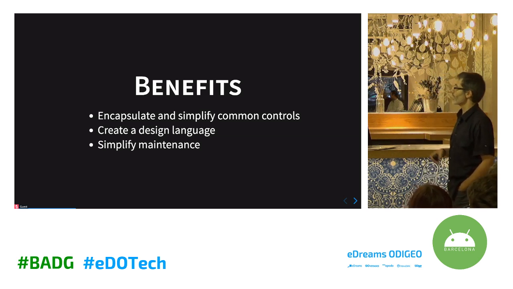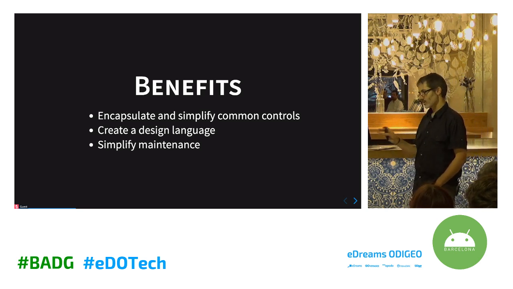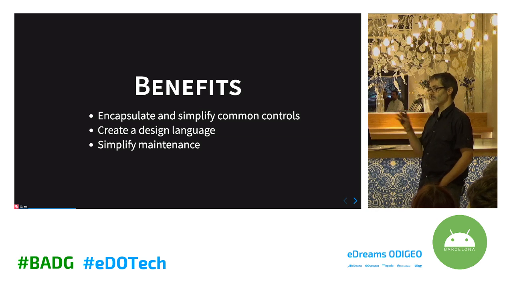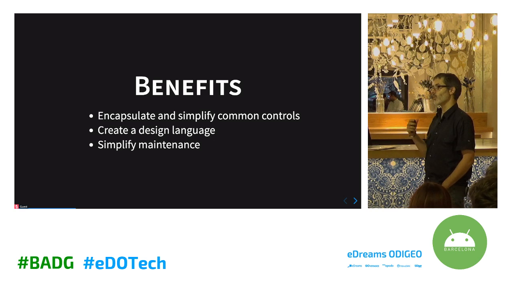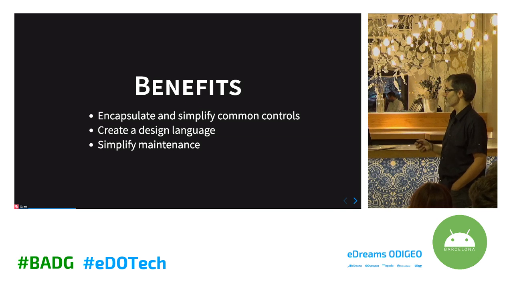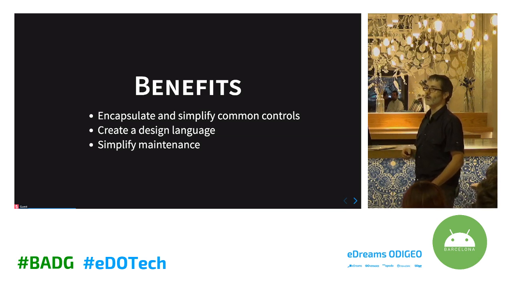Basically, we can use it to move certain logic which is only related to the control outside of the activity, for example, and inside the control, so everything is together. All the related operations of the control are in a single place, and what we expose is a common interface to the outside, so we don't have to think on the details of what we are doing.